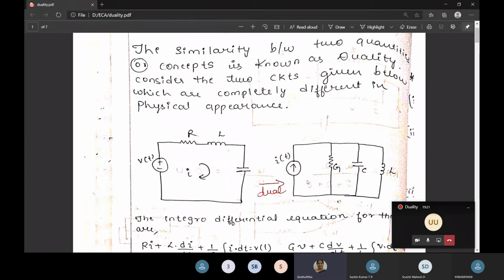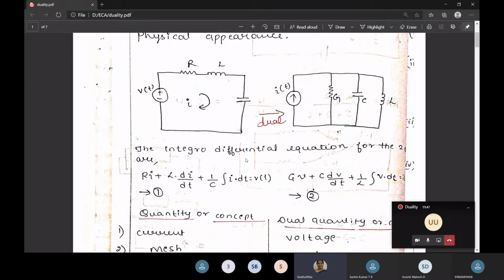The dual of this network is: the voltage source is written as a current source, and all the passive elements will come in parallel. So the resistance becomes conductance, R is written in terms of G. Inductance becomes capacitance, and capacitance is written in terms of inductance. That will be the dual of this given network.